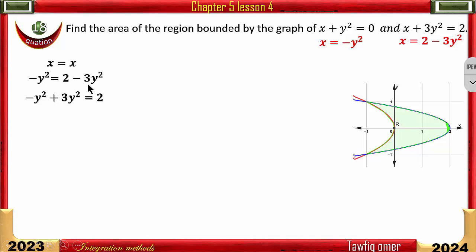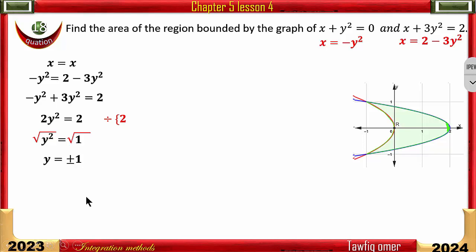By taking 2 minus 3y squared from right to the left, minus y squared plus 3y squared is equal to 2. 2y squared is equal 2, and dividing by 2, then y squared is equal 1, and taking square root for both sides, so y is equal plus or minus 1.